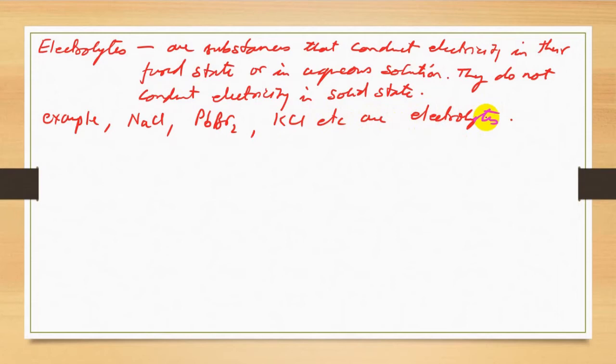If I take the molten state, it will conduct, and if I take the aqueous solution, then also it can conduct. So why does it happen so? Why can't they conduct in solid state, but suddenly in liquid state they can conduct? That question is also asked many times. Clear? So let's take an example. I'm just taking the example of NaCl, but in your case, any other thing can be asked. The way of answering will be the same.